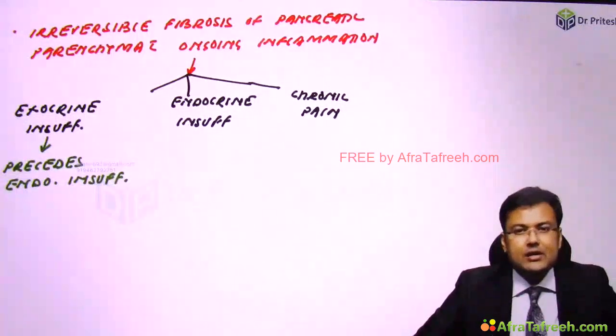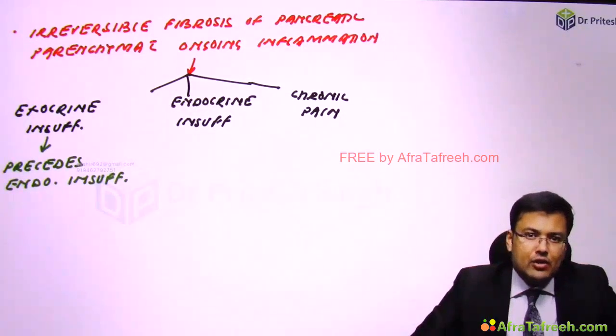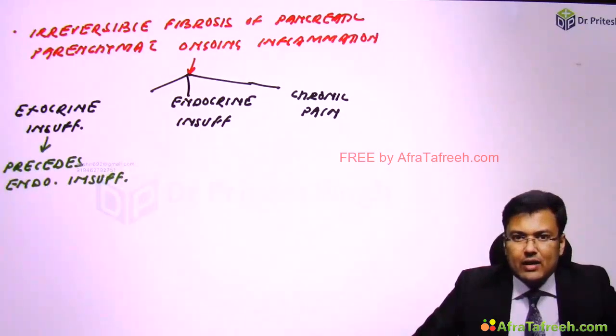After that, second question, how much acini and how much islet cells are permanently destroyed to develop exocrine and endocrine insufficiency?